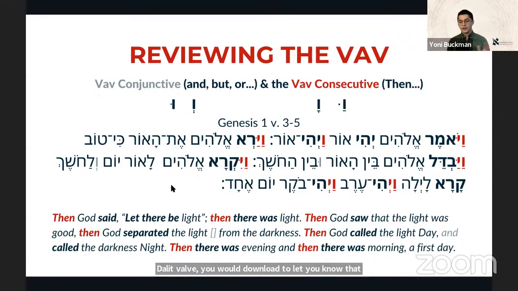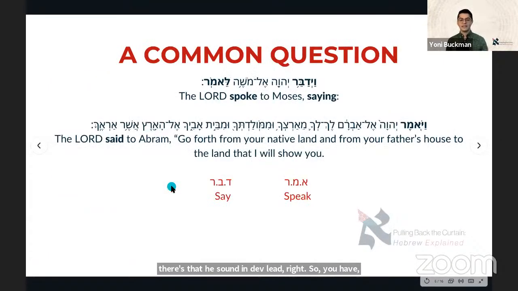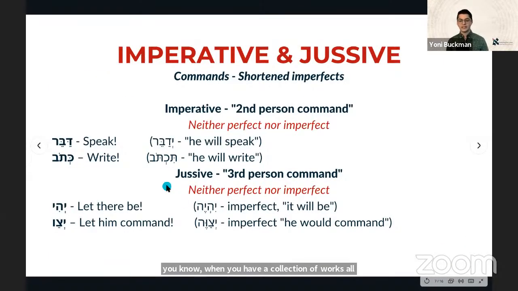So when you have a collection of works all written by different authors, you do have some of these different conventions. And also we have to remember that there's a good chance that different scribal schools held different conventions because they had a different idea of formality.